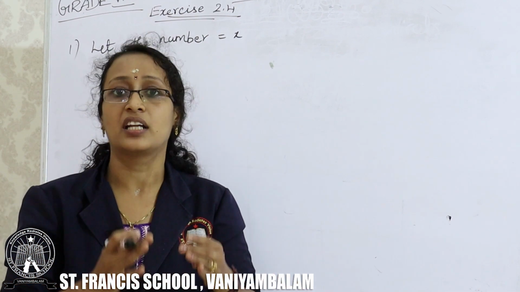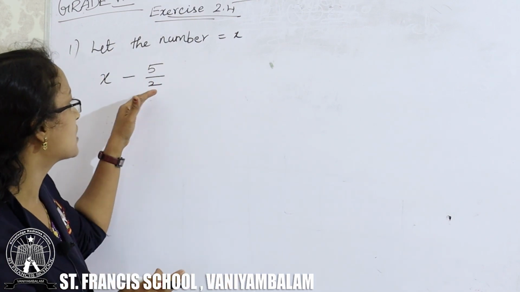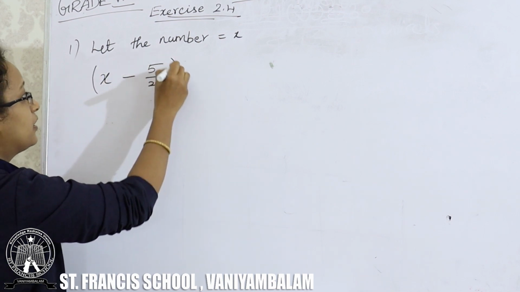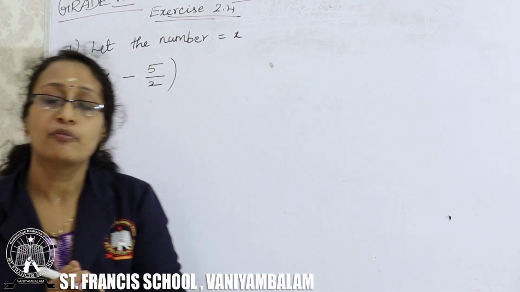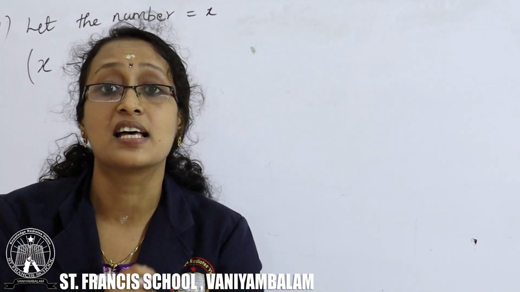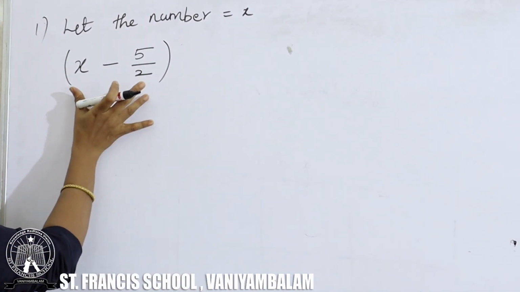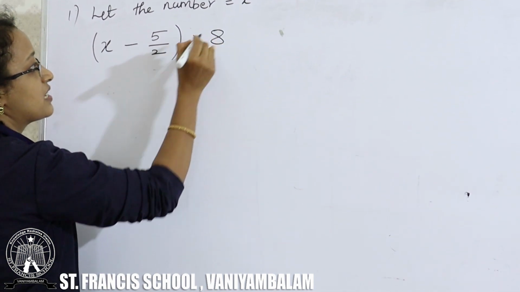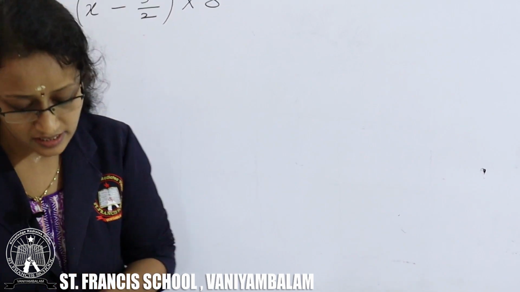Read the question carefully. So, subtracting 5 by 2 from a number, she multiplies the result, that is the result of x minus 5 by 2, by 8.